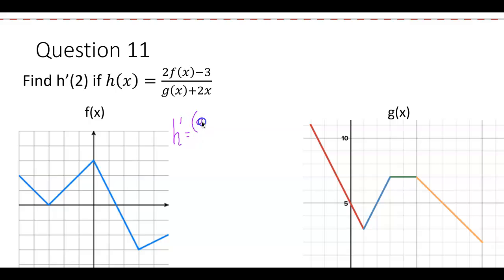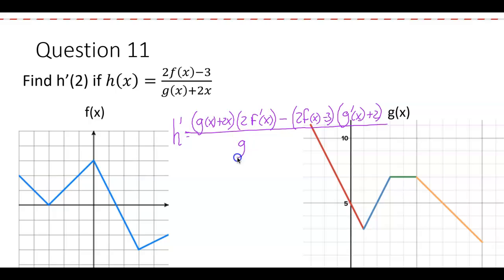So it's going to be low D high minus high D low. Draw a line, square below.